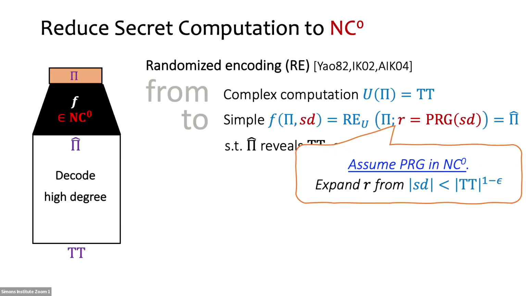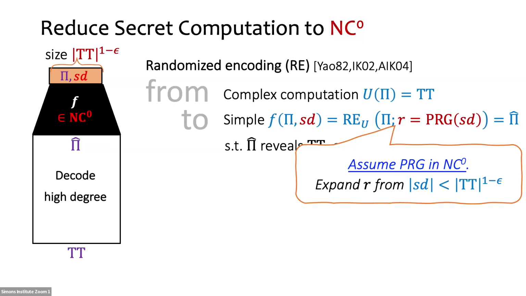Here we can just rely on the classical idea that we can always expand pseudo-random coins from a much shorter PRG seed. And this will make the input of the encoding the sublinear size seed, and hence I can afford to encode it together with the program pi while maintaining the sublinear size constraint.